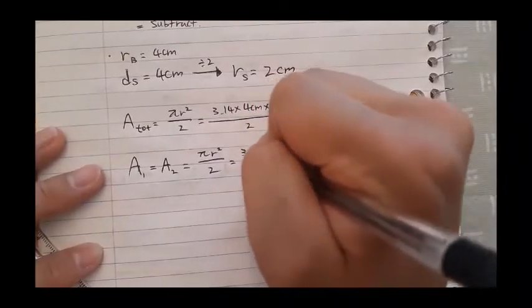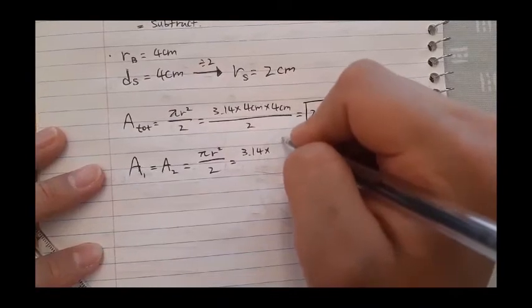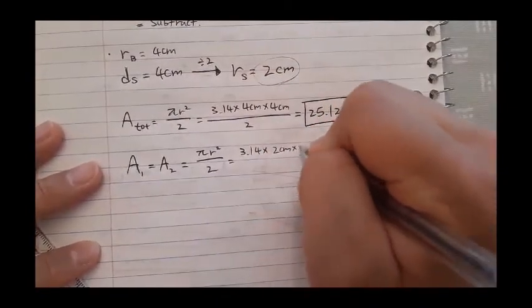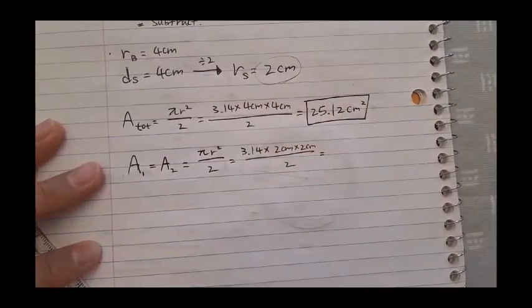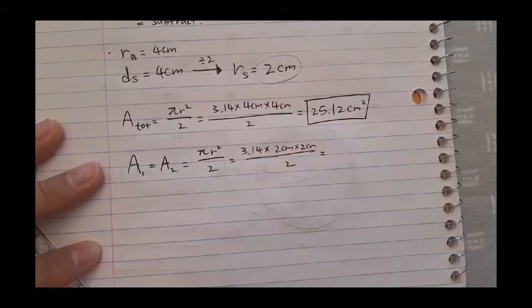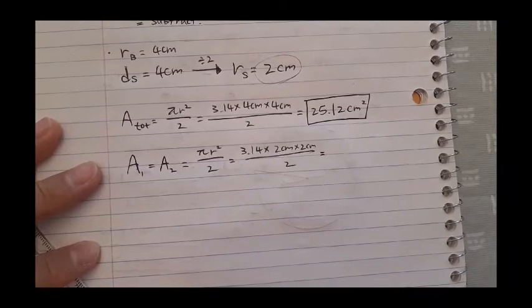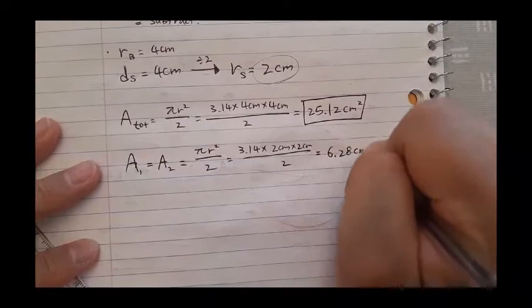But the number that you need to punch in is 3.14 times the radius of the small circle, which is 2 centimeters. So 2 centimeters times 2 centimeters divided by 2. Punching the numbers in: 3.14 times 2 times 2 divided by 2 is equal to 6.28 centimeters squared.